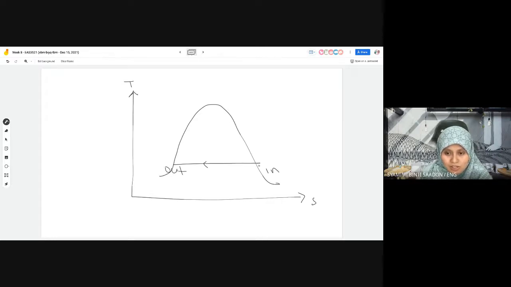So just now at the inlet, it is either superheated vapor or around the saturated vapor line. That's why we use the superheated vapor table for refrigerant.